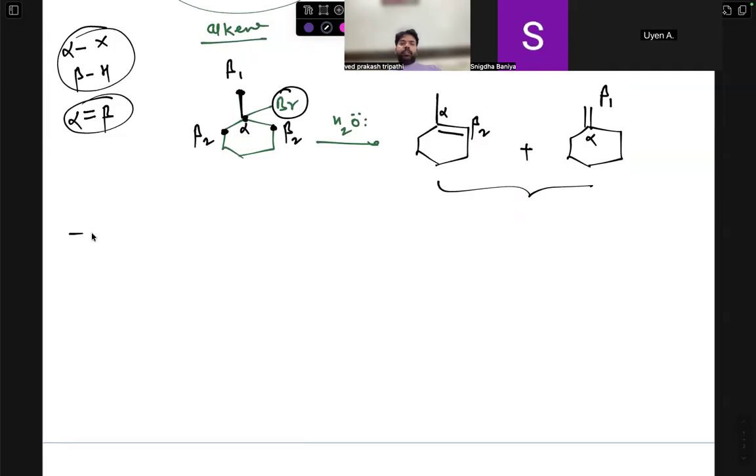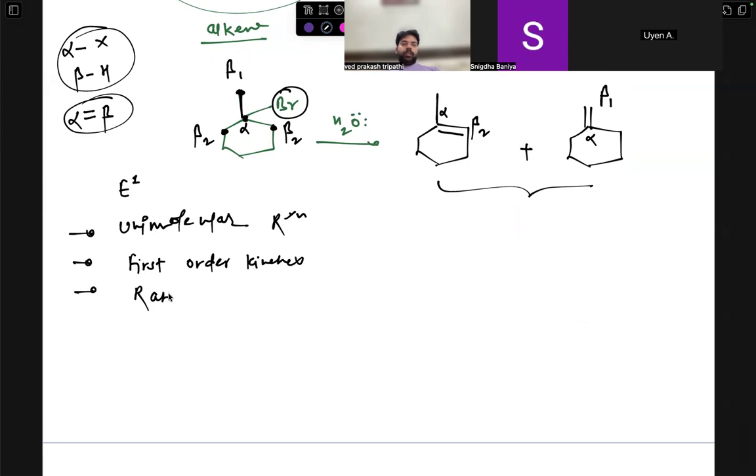Now the key point is we are talking about E1. So it is a unimolecular elimination reaction. The second thing, first order kinetics. Third thing, rate directly proportional to the concentration of alkyl halide. Whenever the order of reaction is first order, then it depends only on the concentration of alkyl halide.